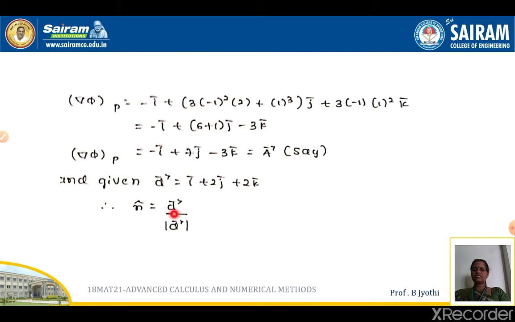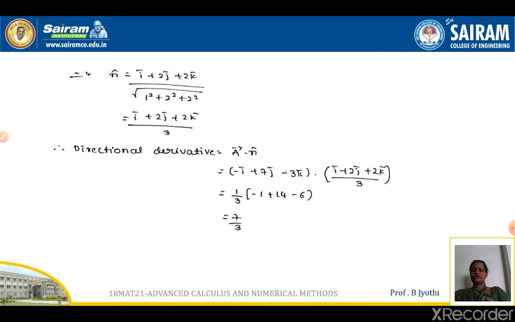So n cap is given by the direction vector divided by its magnitude. When we calculate the magnitude, that is 1 square plus 2 square plus 2 square, which will be 1 plus 4 plus 4 is 9, and the root of 9 will be 3.